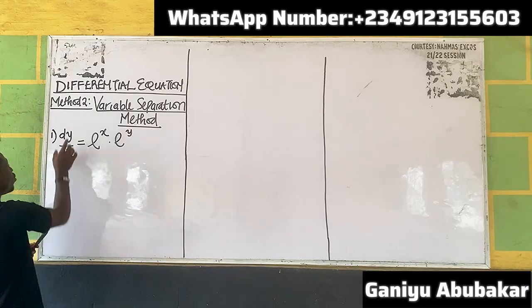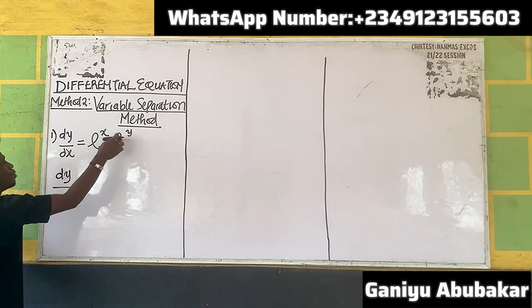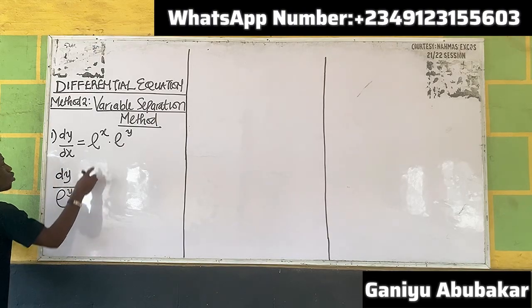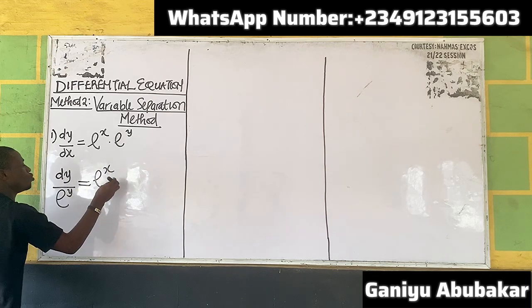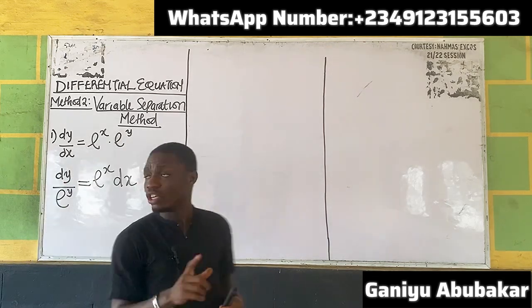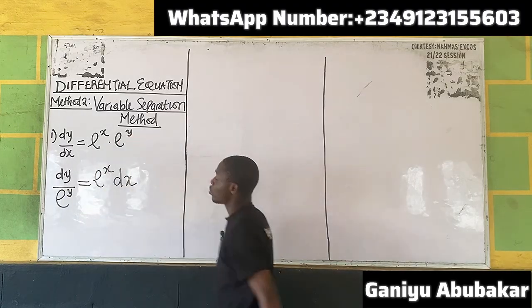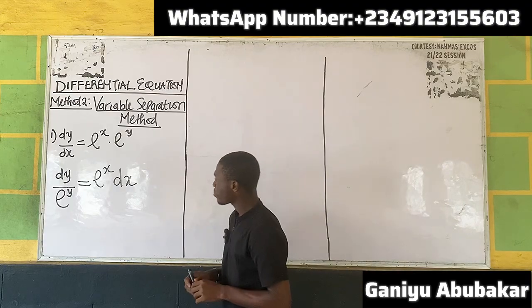You have dy over exponential y equals exponential x dx. As simple as that. Just put this one here, take this one back here. That's all.